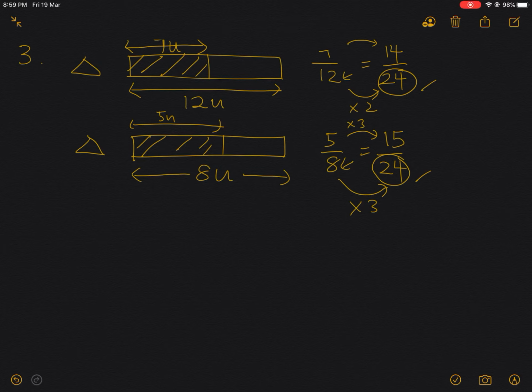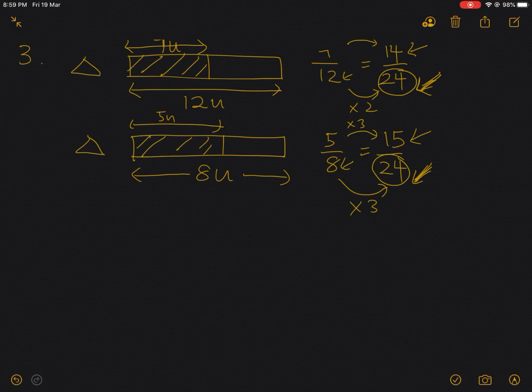It's just like a Korean and an Indian person trying to communicate with each other. They cannot understand each other unless you teach both of them English, okay? So this equalizing is just like teaching both the Korean and Indian English, then they can communicate. So after converting both to 24 as the denominator, we take the top one as 14 units and 15 units accordingly.